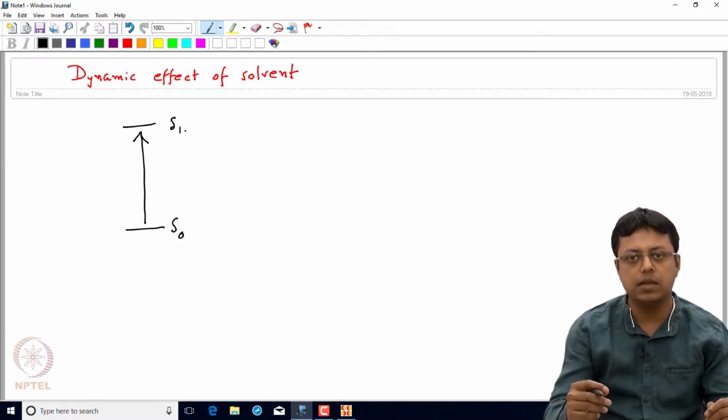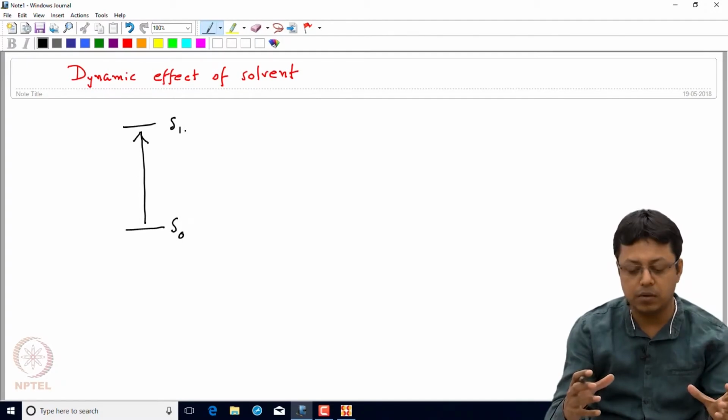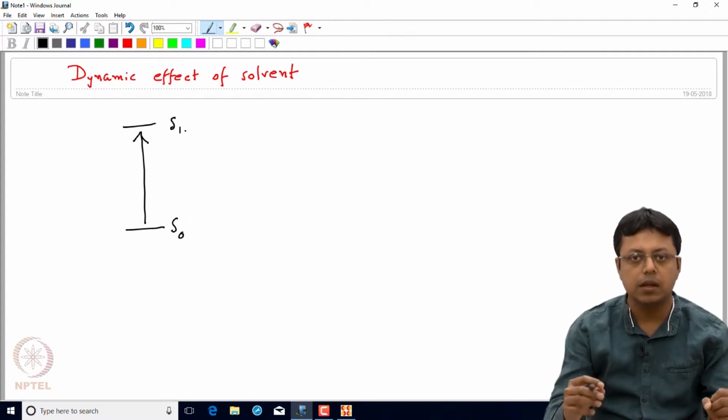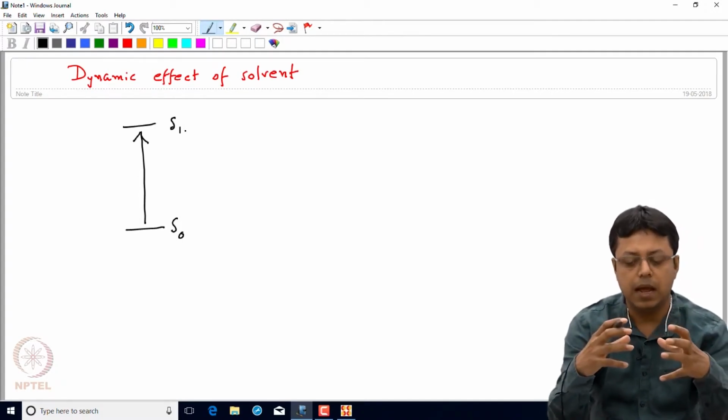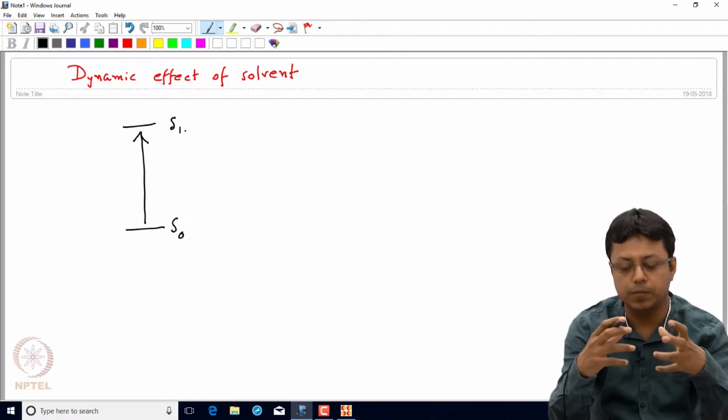And then in that electronic state, there is a charge redistribution. Now usually in the ground state, for most of the molecules, the electrons are all paired up, and the charge redistribution or the dipole moment is very minimal, in the sense that the dipole moment will be close to zero.